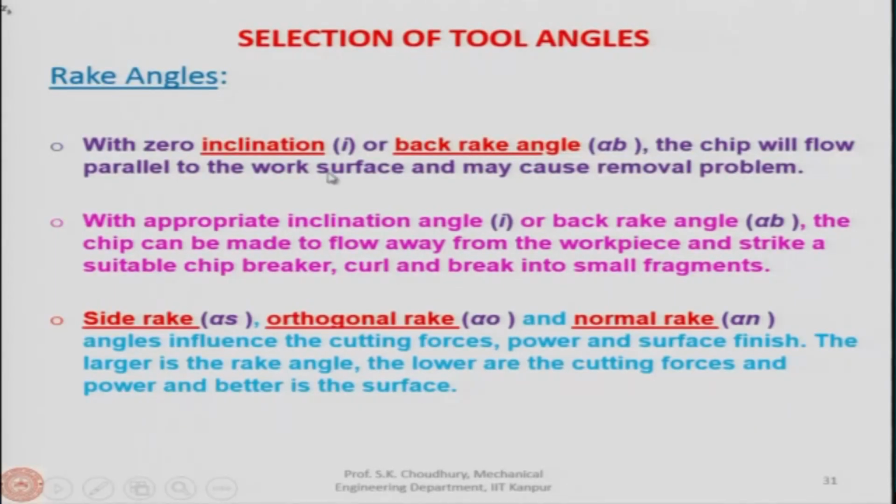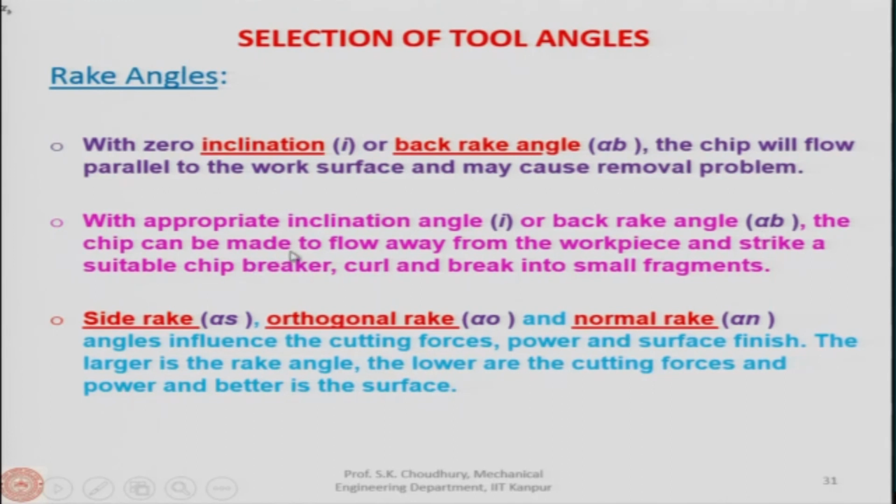I told you when we discussed continuous chip formation that it is not desirable, because it will scratch the workpiece, scratch the tool and spoil the tool geometry, as well as the already machined surface. Therefore, with 0 inclination angle or back rake angle, the chip flows parallel to the workpiece surface and it will be difficult to remove. So, we have to have some inclination angle value or back rake angle.